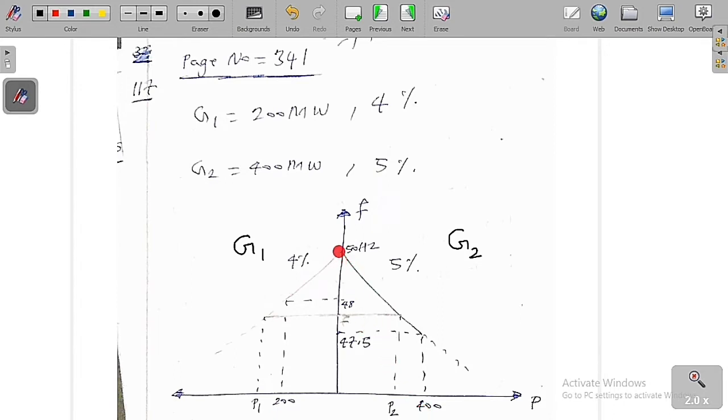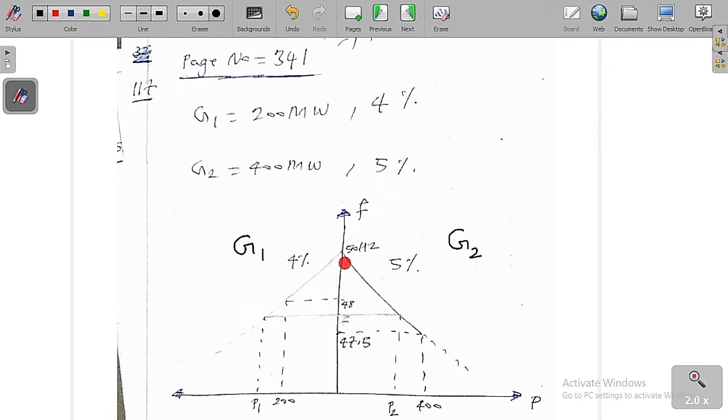Now if I see these triangles, this triangle and this triangle have the same slope. For this triangle, the slope is 50 minus 48 by 200. And for this triangle the slope is 50 minus F by P1. We equate these two and we get an equation.